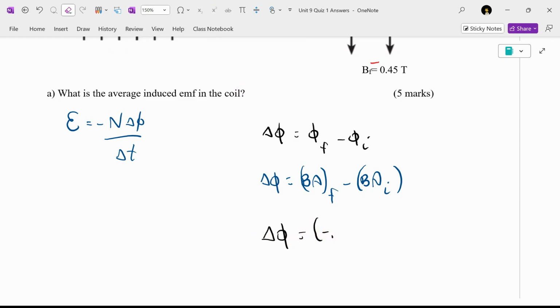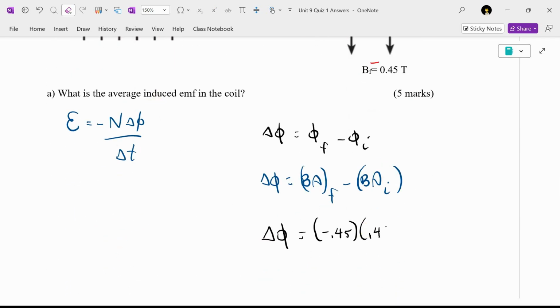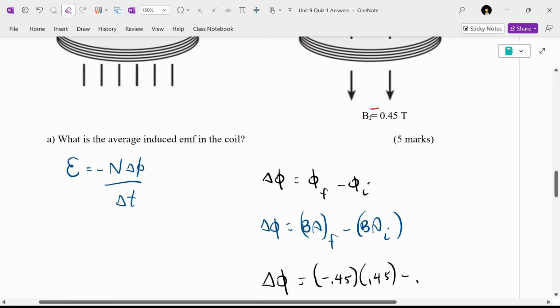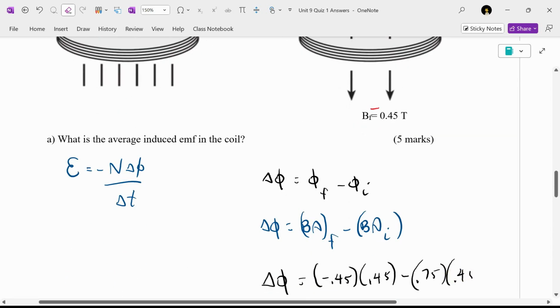final magnetic field, I said was 0.45. And the area was also 0.45, strangely enough. Minus initial magnetic field, I said was positive 0.75. And the area was 0.45. You could have the final be positive and the initial be negative.